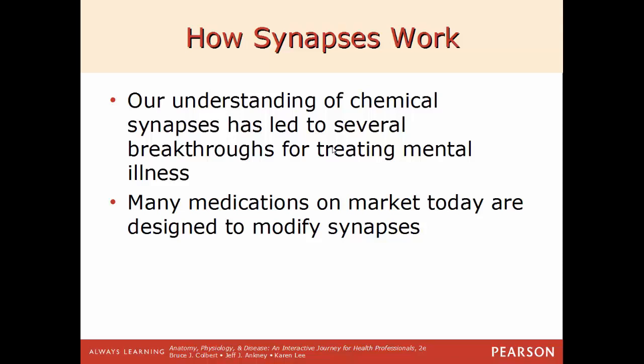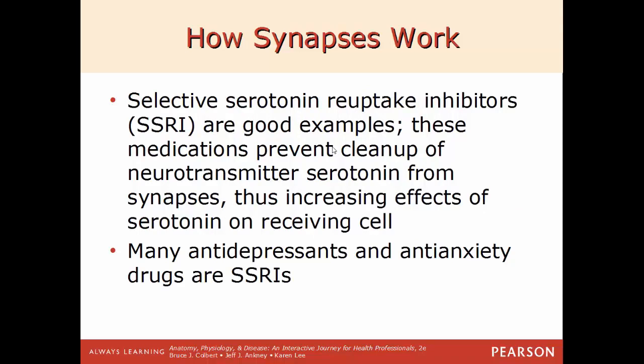Many medications on the market today are based on how to modify synapses, how they work in the synaptic cleft. Some drugs like SSRIs, selective serotonin reuptake inhibitors, are a very good example. These medications prevent the cleanup of the neurotransmitter serotonin in synapses, which will increase the effect of serotonin on the receiving cell.